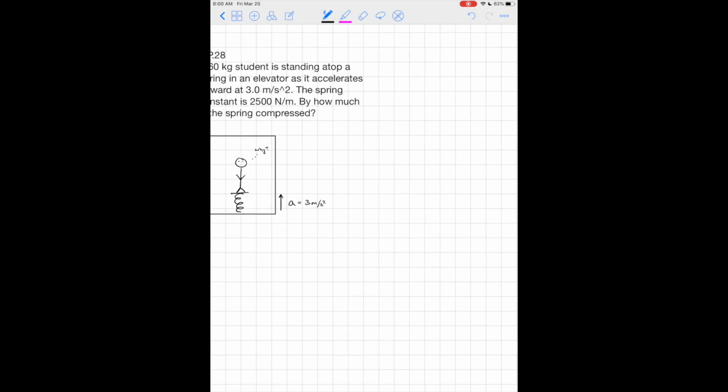If I were to draw a free body diagram, I'm going to say I have a couple forces working on it. I have my gravitational force pointing down, mg.